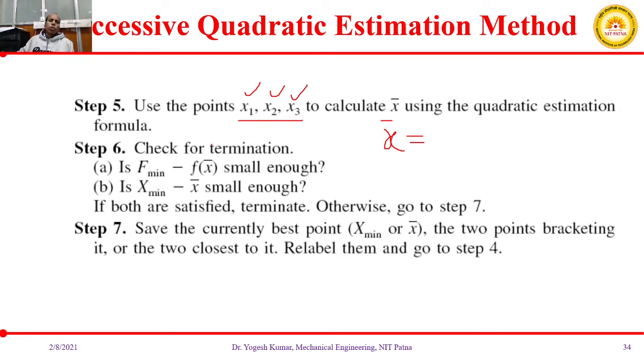Okay, so in successive quadratic estimation, you will find that some termination conditions are given, that the value of x bar, the optimum value calculated using the quadratic estimation method, and the value of the function which you have calculated using successive quadratic estimation, the difference of these two should be in some given range.